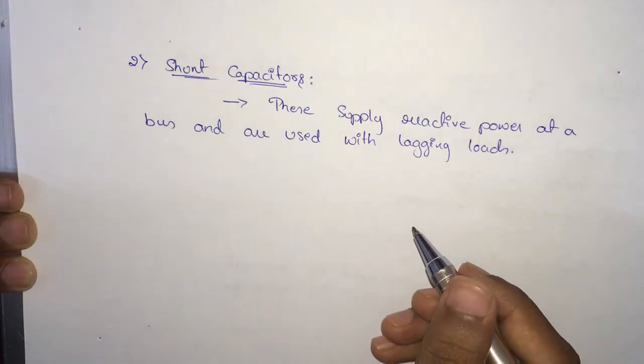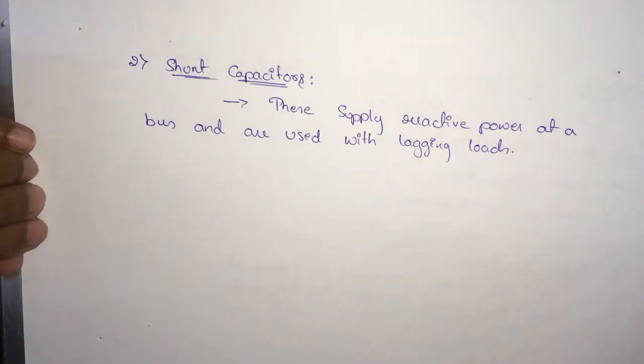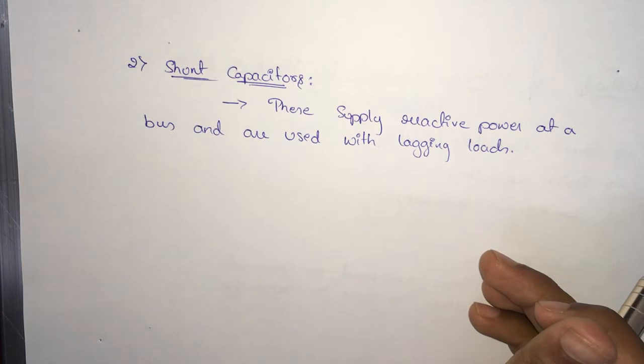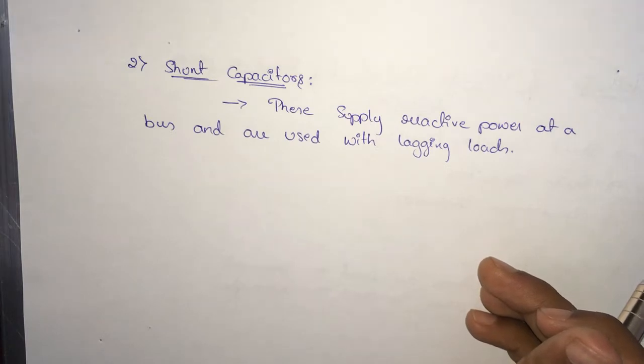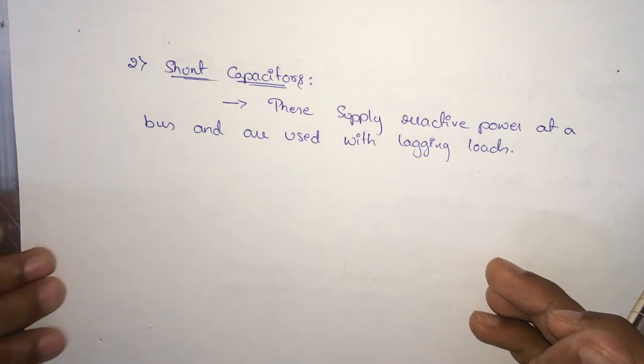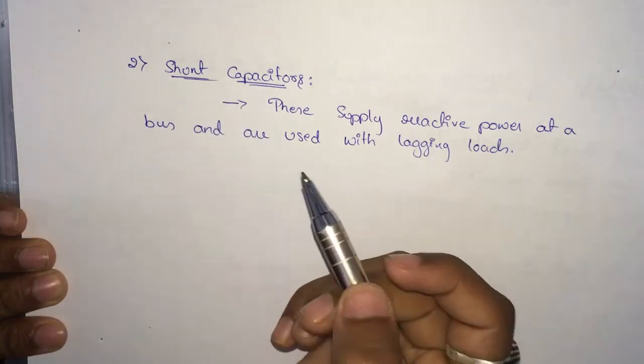If you have any lagging loads, which means inductive loads, the voltage keeps on dropping due to reactive power consumption. To compensate this, we are going to place the shunt capacitors.